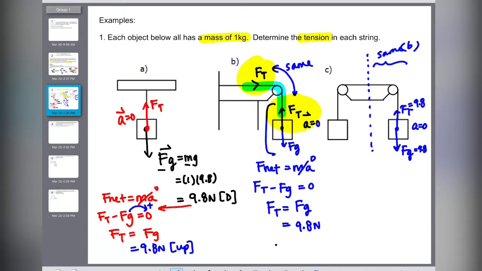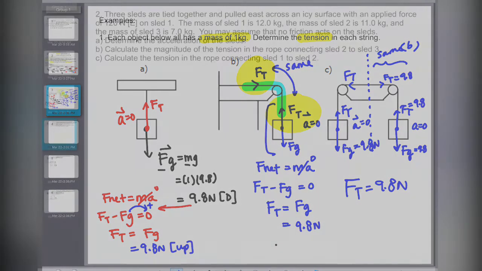And because this is going up and this is going to the right, this FT is also 9.8. And on the left-hand side, I have the exact same thing again, because all of the masses are 1. So the FG is still 9.8, force of tension going up, force of tension going to the left, and the acceleration is 0. So every single FT is equal to 9.8 in this question.